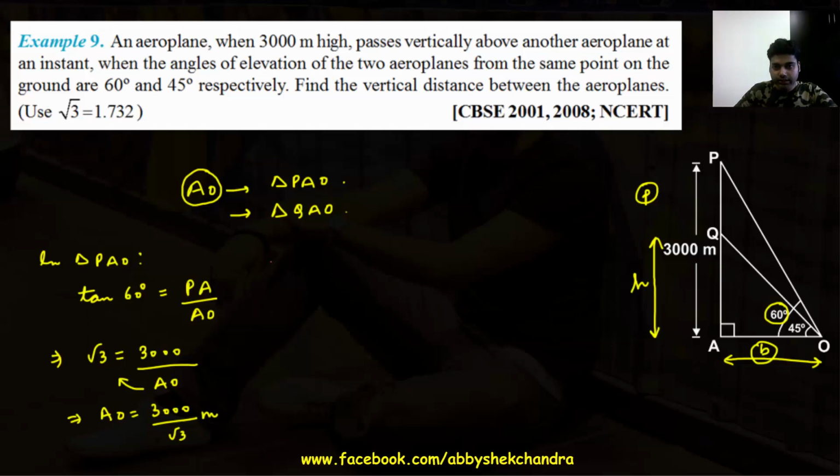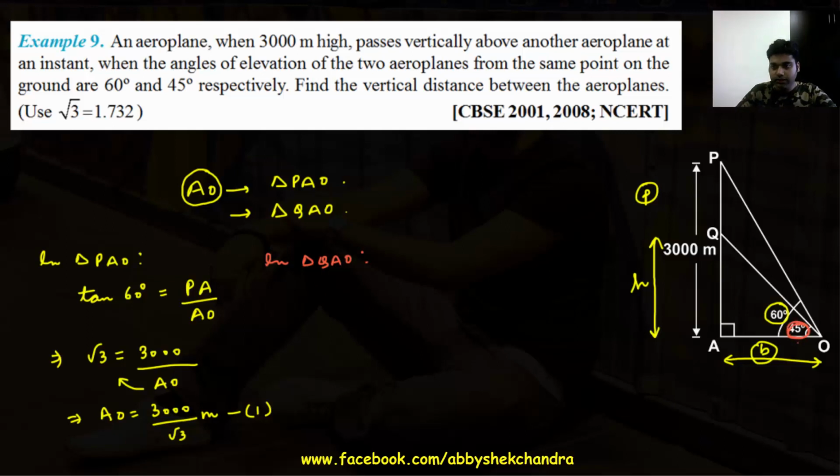Now let's calculate, let's call this 1, right? Now let's calculate AO from triangle QAO, that is the other right angle triangle in the question. Again, for triangle QAO, the angle given is 45 degrees.